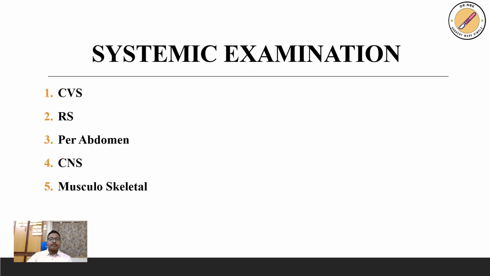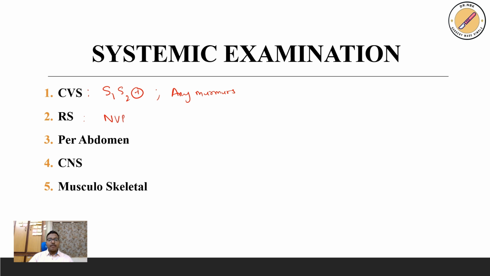Right. Next. So the next one is systemic examination. Again, it depends on the case. What are all the important things we will be saying is whether the first and second heart sounds are present or not, and whether there are any murmurs present. Like that, these are the important things in CVS. Then whether the bilateral air entry is equal, and what types of breath sounds we are having.